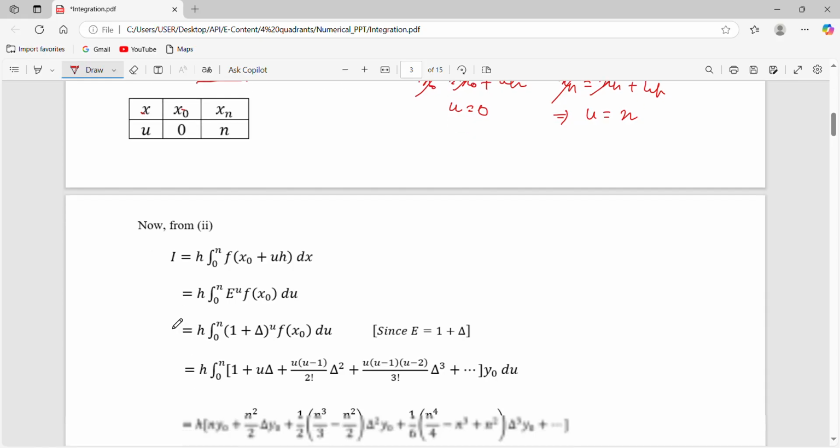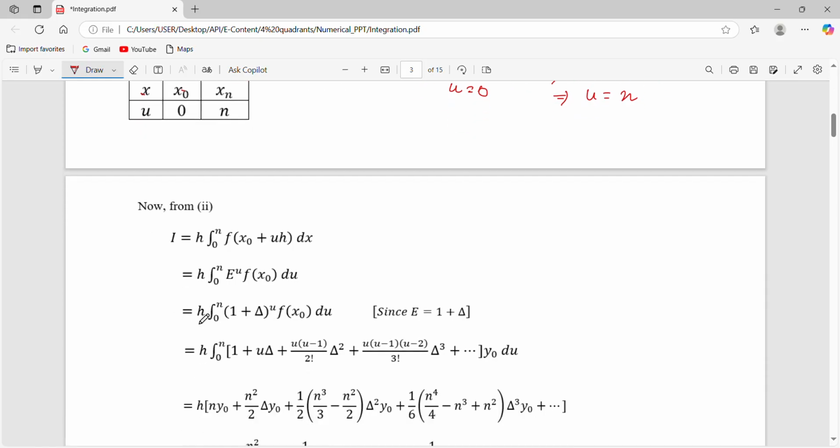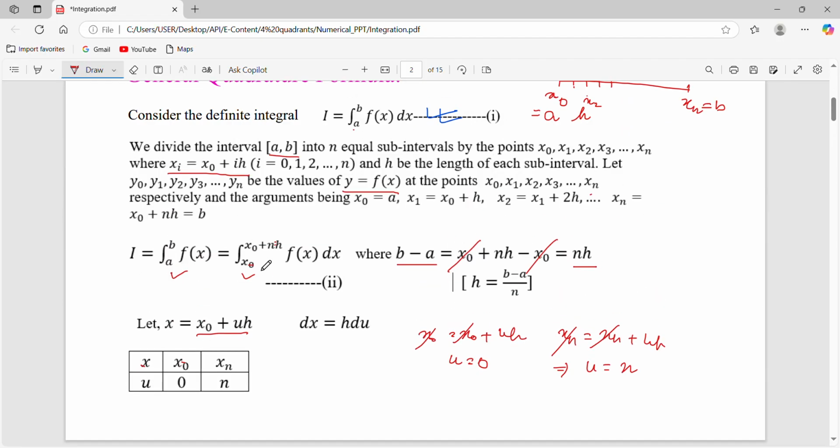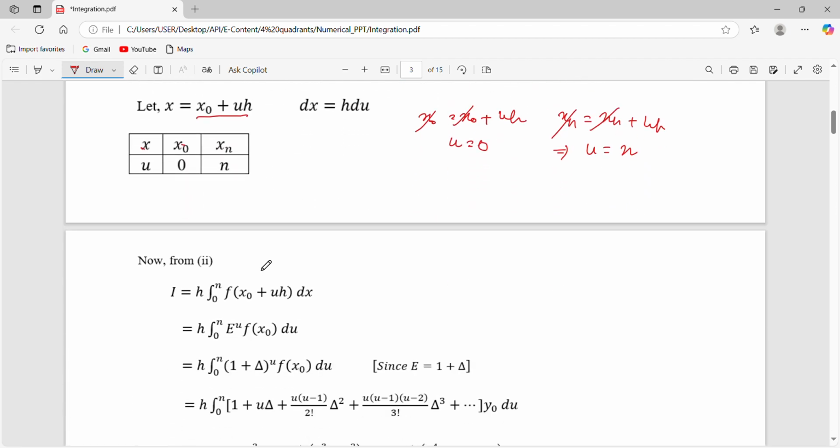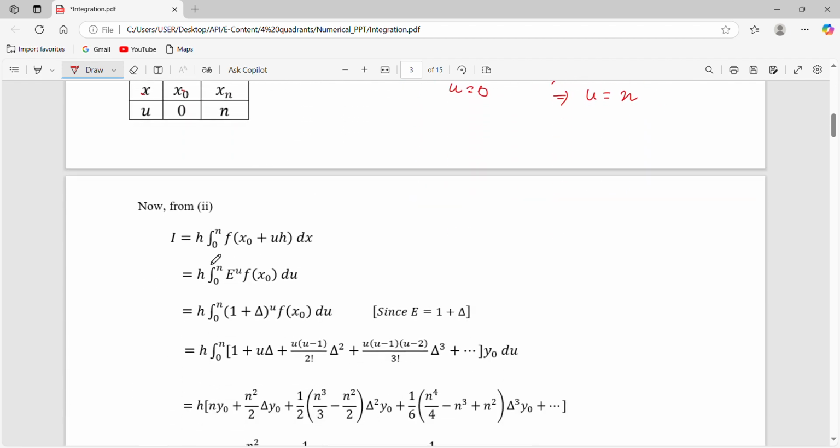Next, now from equation 2. So equation 2 means this one. Now from equation 2, the limits of u are 0 to n. We know from the shift operator that E to the power n f(x0) equal to f(x0 plus nh).